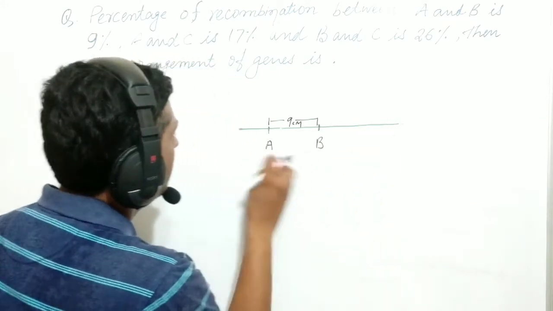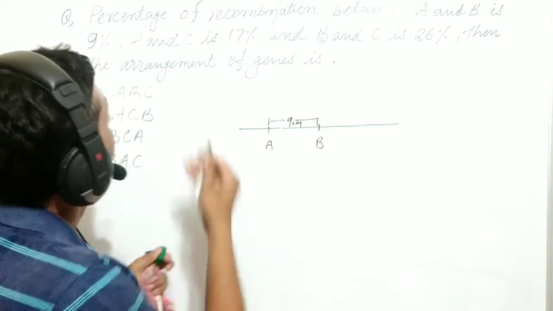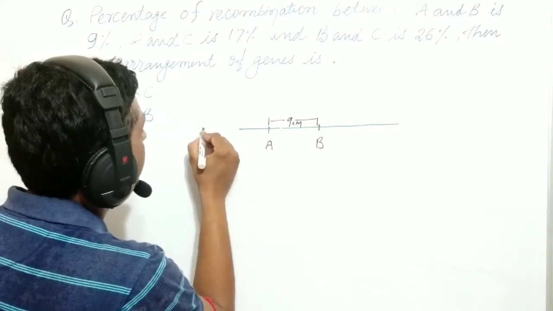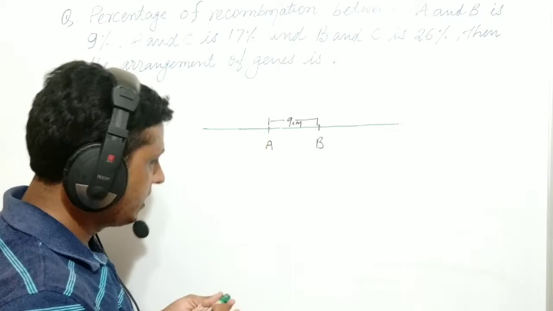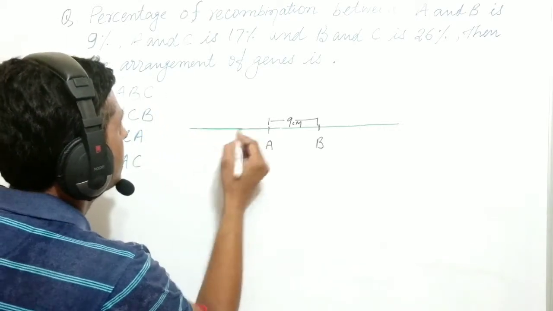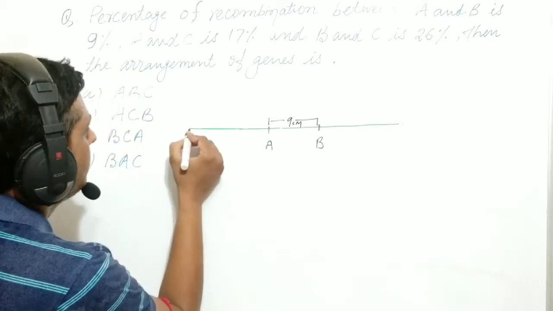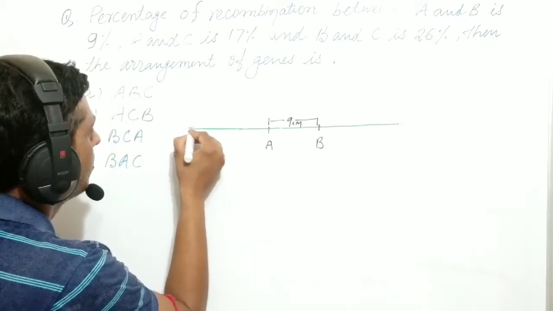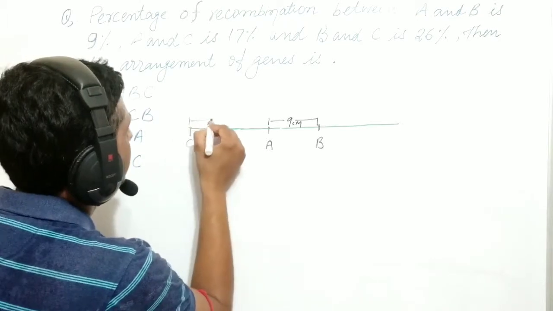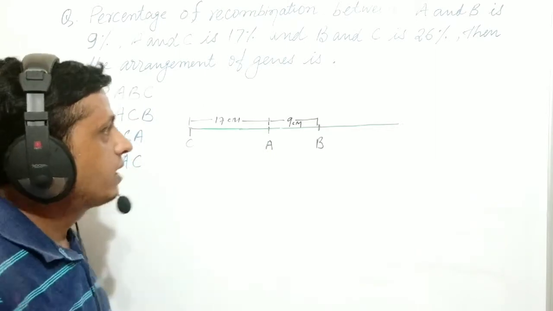You have to put the C gene somewhere on this side, because between A and C the distance is 17. So your C gene is somewhere here, and this distance is 17 centimorgan or 17 map units.